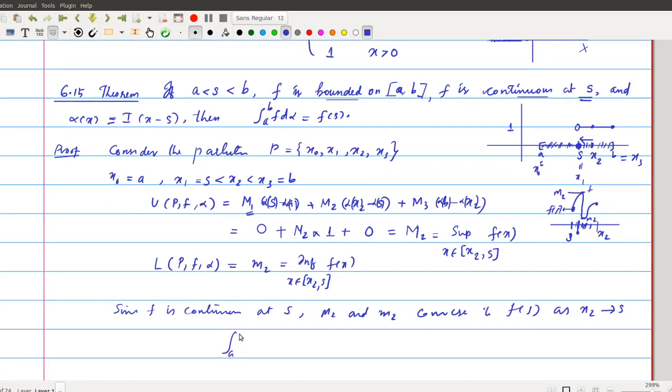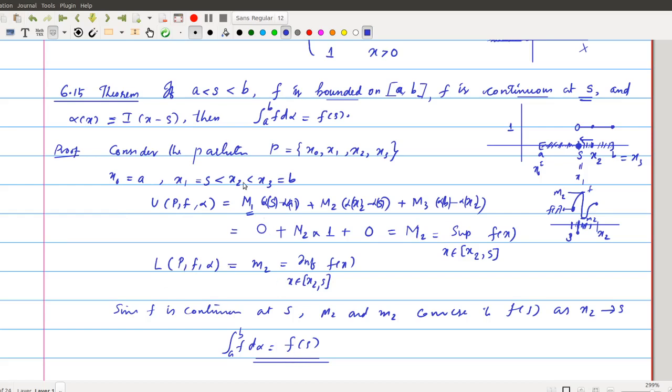So the integral of f d alpha will be f(s). This is the limit, or infimum, of U(P, f, alpha), and the supremum of L(P, f, alpha) will be f(s).